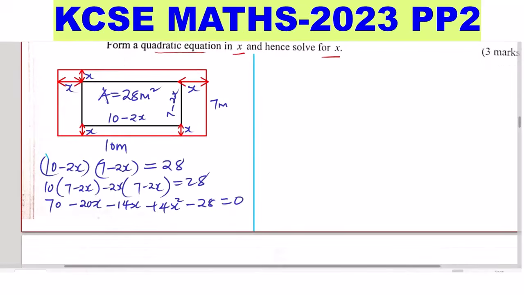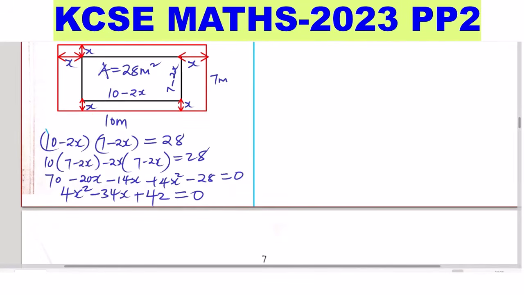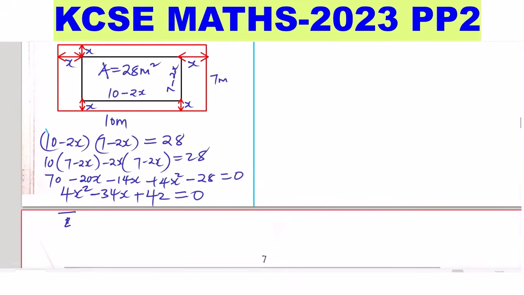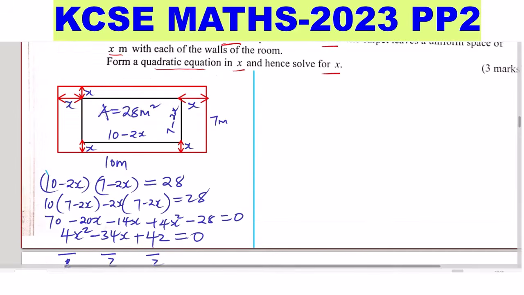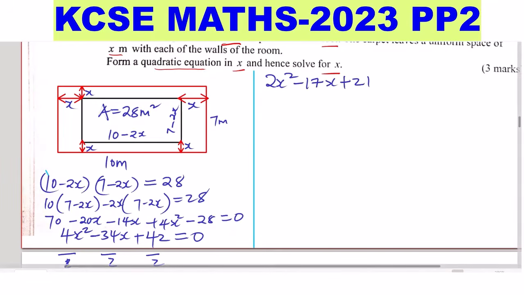We simplify: 4x squared minus 34x, collecting the like terms, plus 42 is equal to 0. From there we can divide everything by 2, and this will give 2x squared minus 17x plus 21 is equal to 0. So that is the quadratic equation.